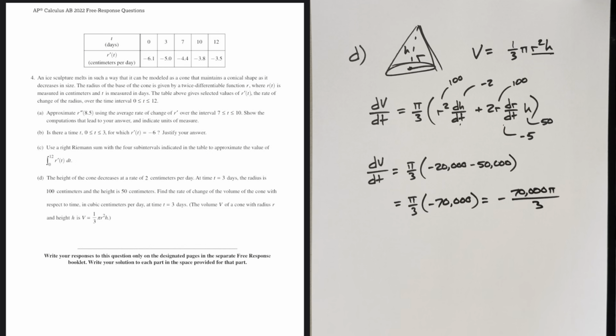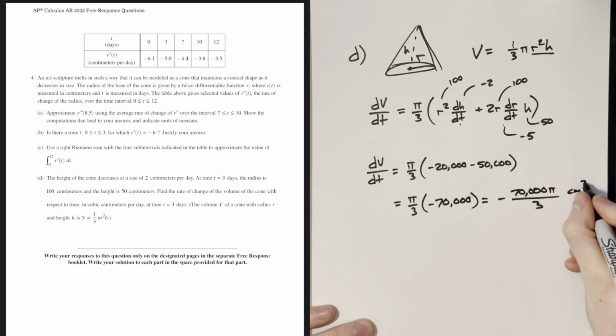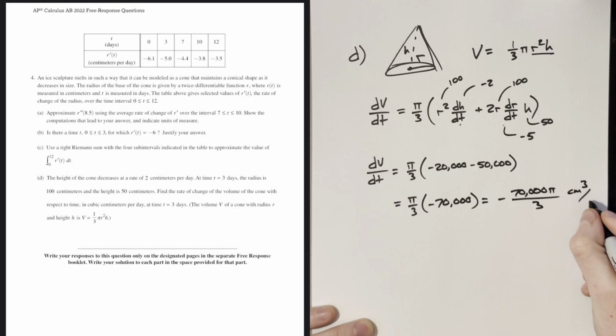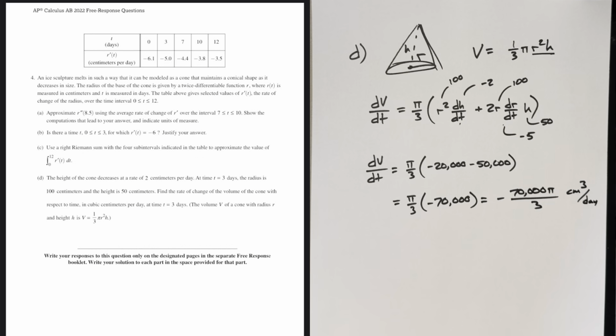We think about units too. They give them to us, but it is cubic centimeters, which is my units of volume, per day, which is my units of time. So quite the mess, but thinking about this conceptually, it makes sense that this is a negative value, because our cone is getting smaller, it's melting.